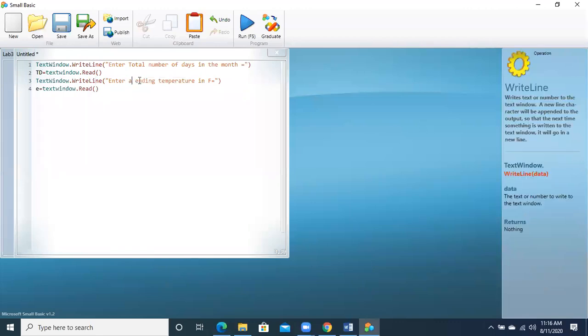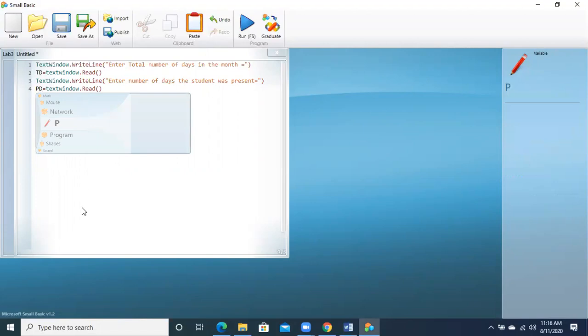Then we are saying: enter the present number of days the student was present. Fine. So how many days the student was present? I am storing it in PD, present days.